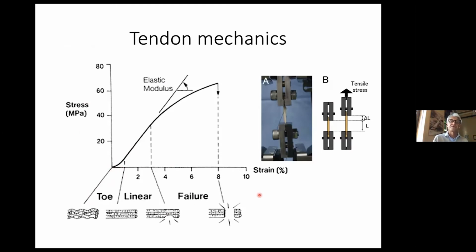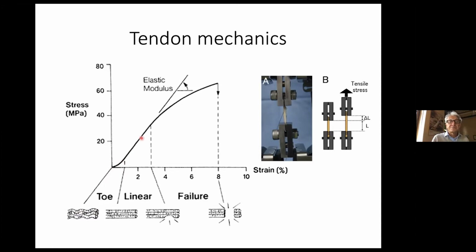the stress-strain relationship of tendon. This is studied by placing a tendon in an instrument that stretches the tendon, and the deformation of the tendon is normalized for the resting length, the initial length. As you can see, when we initially stretch the tendon, we take up the slack of the collagen fibers due to the crimp, and then we enter the linear region.